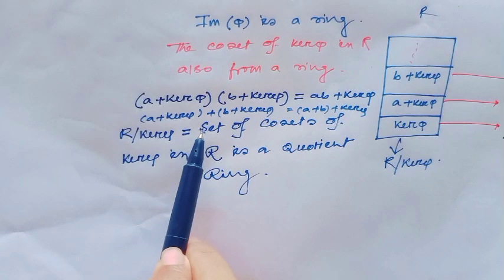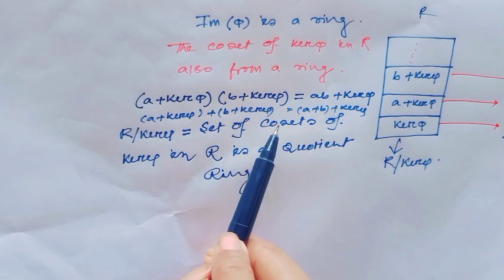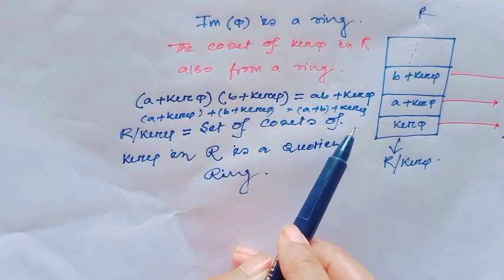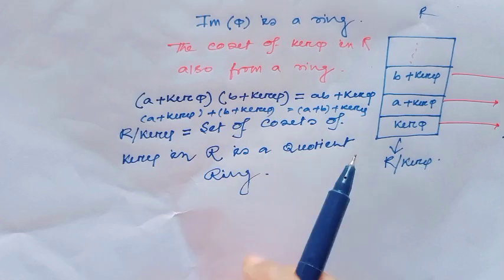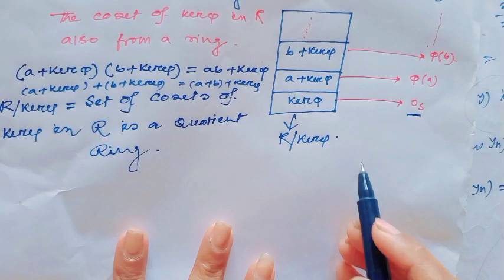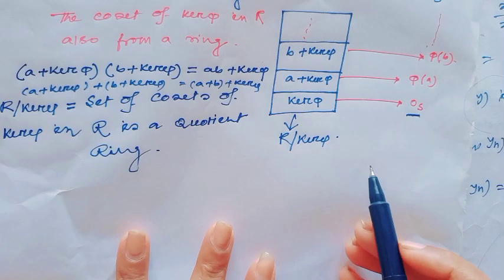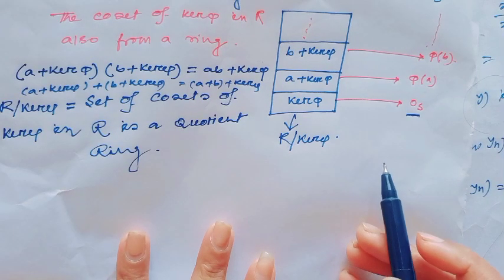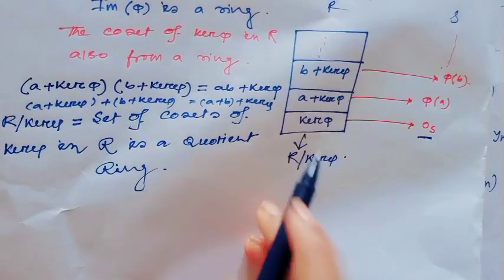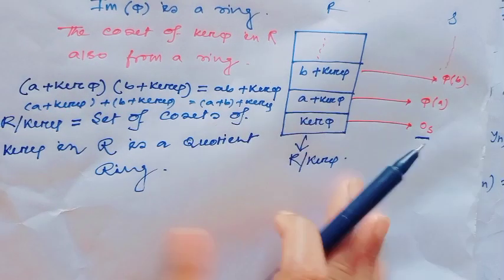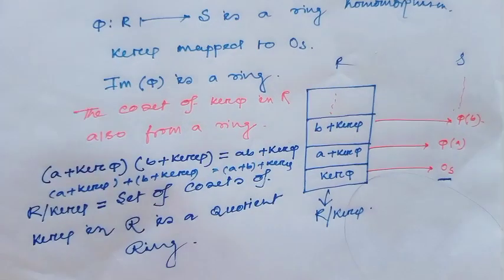Similarly, a plus kernel phi plus b plus kernel phi would be a plus b plus kernel phi. This is the actual picture of the quotient ring. That means this is actually the set of cosets of kernel phi. I hope all my viewers have understood this concept easily.